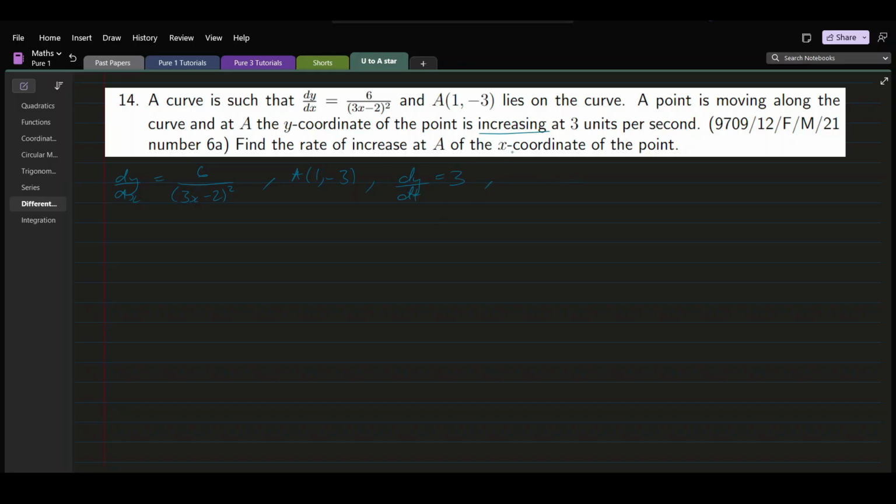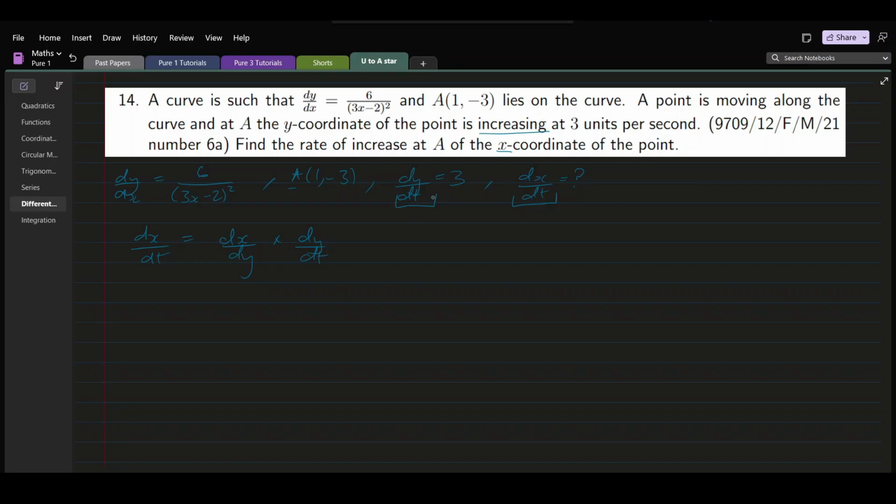And then we want to find the rate of increase of the x-coordinate, so we want dx dt. We don't know what that is, and we want to find it at A. So what we're going to do is construct a chain rule for dx dt using dy dx and dy dt. So dx dt is equal to dx dy times dy dt.